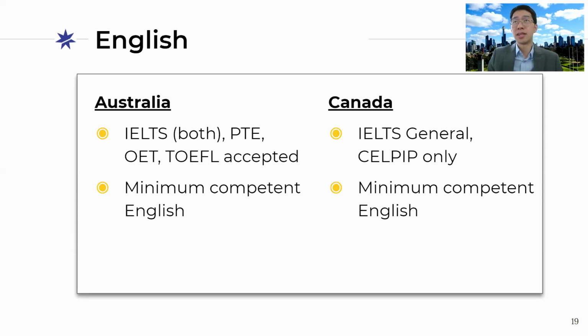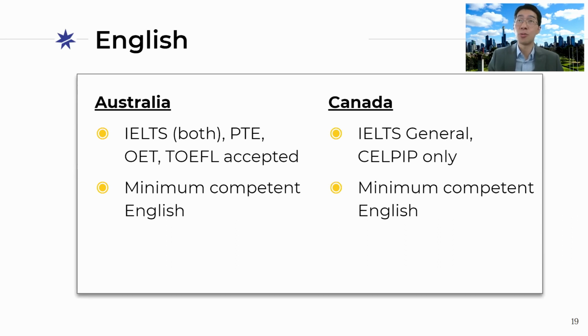The main difference between the two countries is the level of acceptance of English tests. If you look at the screen, you can see that Australia recognizes quite a few more English tests. I've put IELTS Academic and IELTS General, PTE, which is the Pearson Test of English, OET, TOEFL, and there's another one I can't remember the name of, but they accept quite a few.